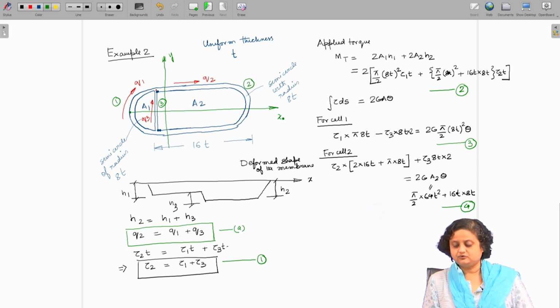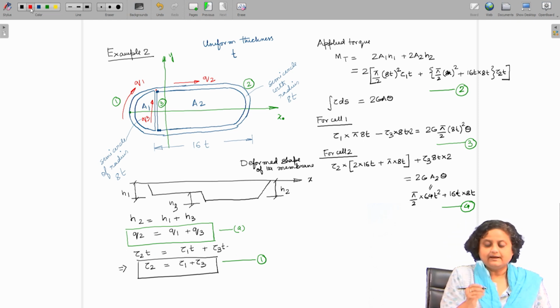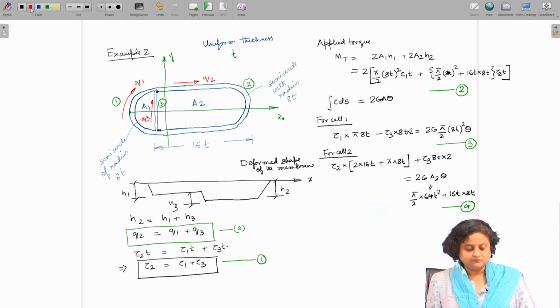Now, from these three equations, I can solve for tau 1, tau 2 and tau 3 and can express MT in terms of theta.